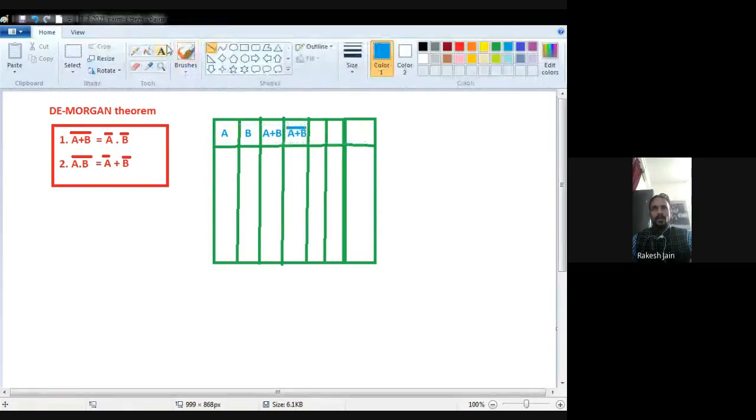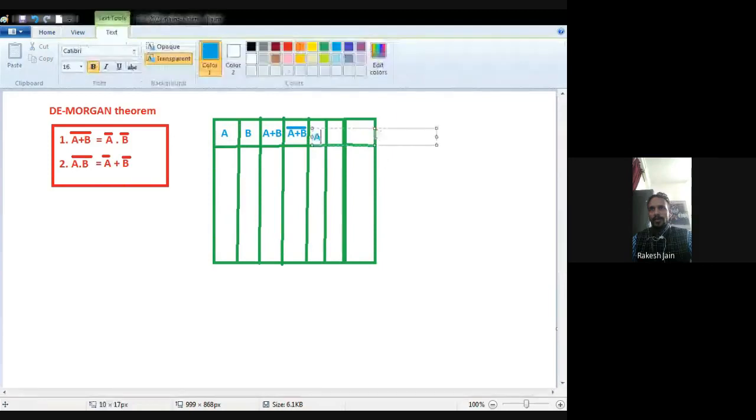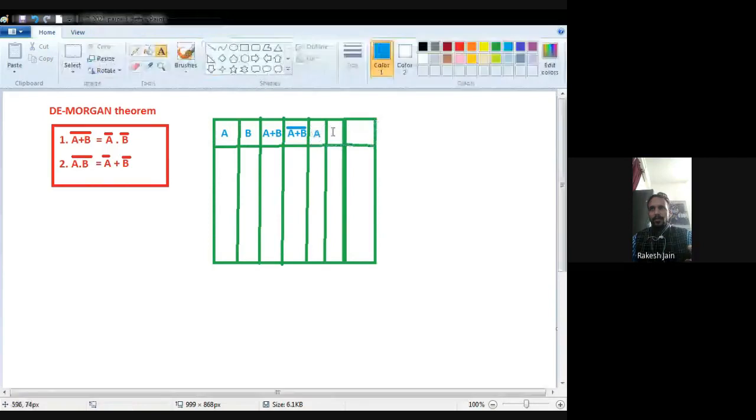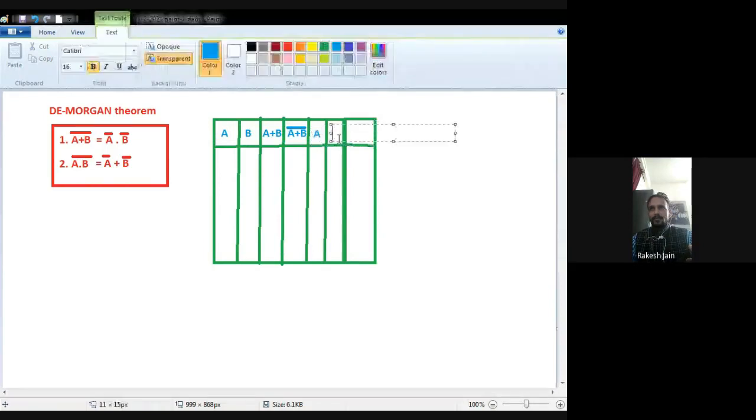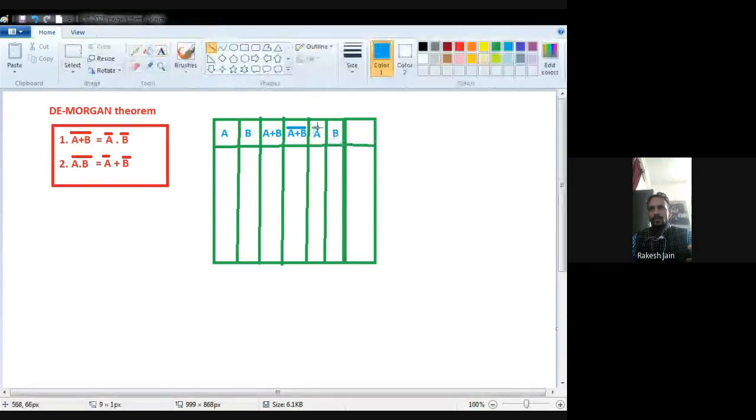First we require A, then B, then for the LHS first I do A plus B, it means OR operation. Then because at the left hand side I require A plus B having a bar over there, this will be my LHS.